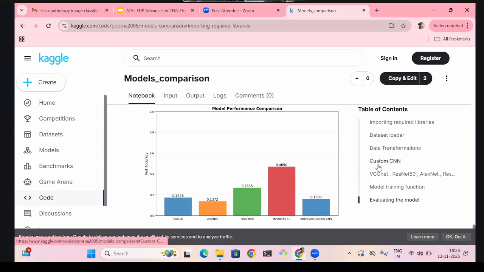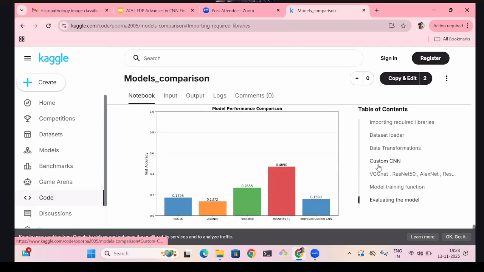When we train the ResNet architecture completely on our data set, we achieved only 0.26 accuracy, whereas when we freeze the first three convolution layers and then fine-tune the ResNet 50 on our data set, we achieved an accuracy of 0.46. And custom CNN is achieving only 0.15 accuracy. So this is the comparison of model performance on our medical image data set.